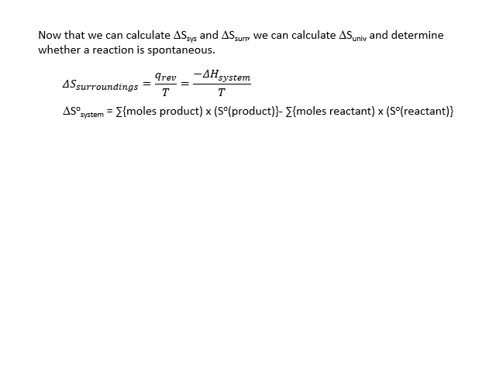If the system is a chemical reaction, then delta S for the system will be the entropy values of the products minus the entropy values for the reactants. And of course, delta S for the universe is the sum of delta S surroundings and delta S system.